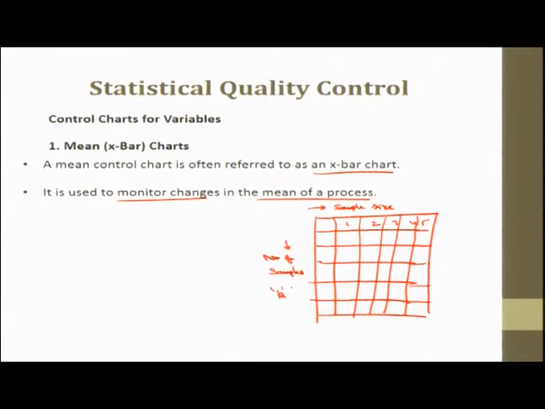If I have taken k samples, I will just put the numbers 1, 2, 3, 4, 5, and let me say I have picked 6 samples, and each sample has 5 observations in it. So, I will take the mean: x1 bar, x2 bar, x3 bar, x4 bar, x5 bar, and x6 bar.